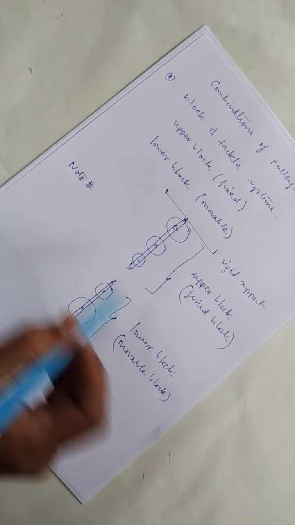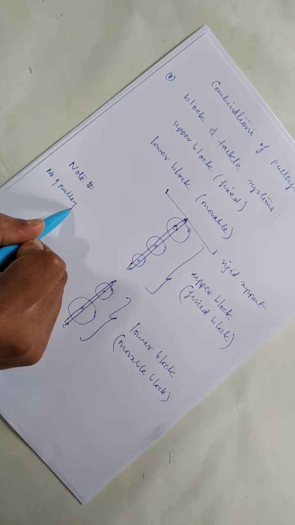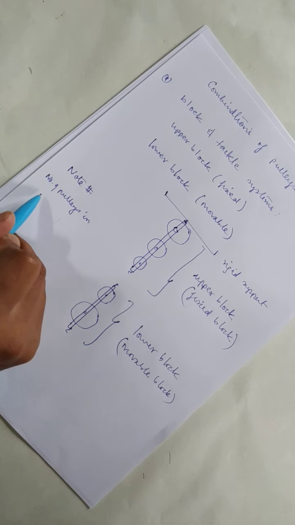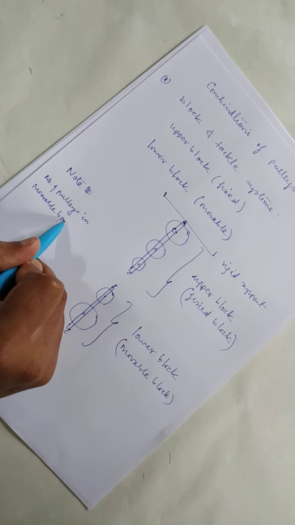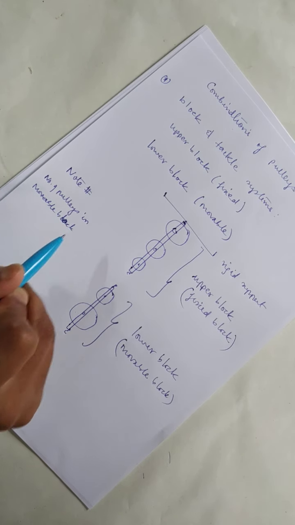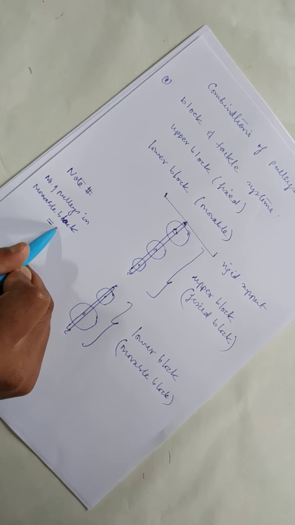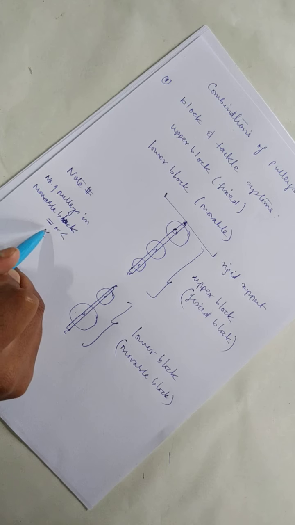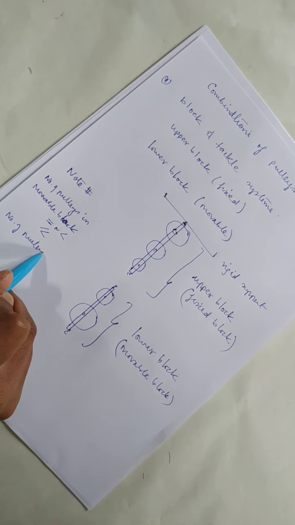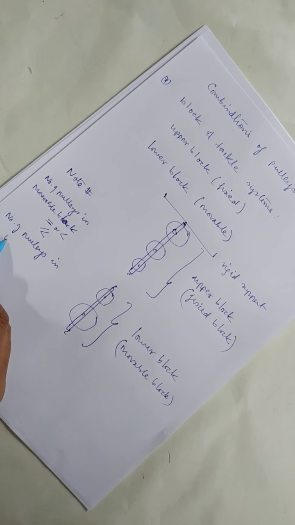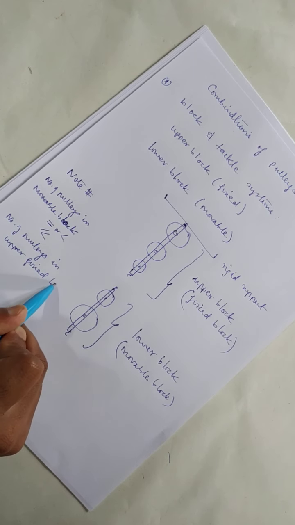So we can write like this: number of pulleys in movable block is either equal to or less than the number of pulleys in upper fixed block.